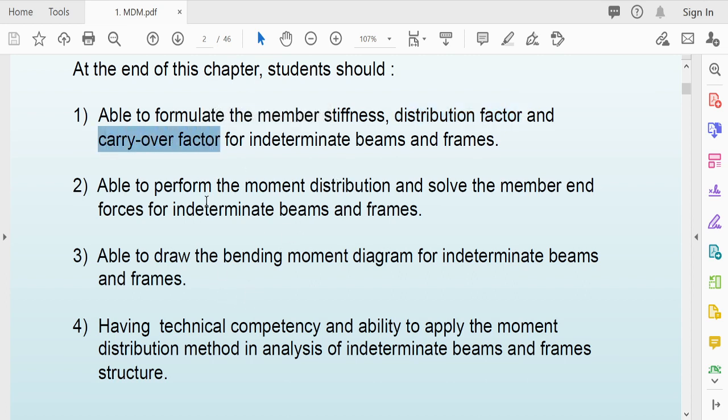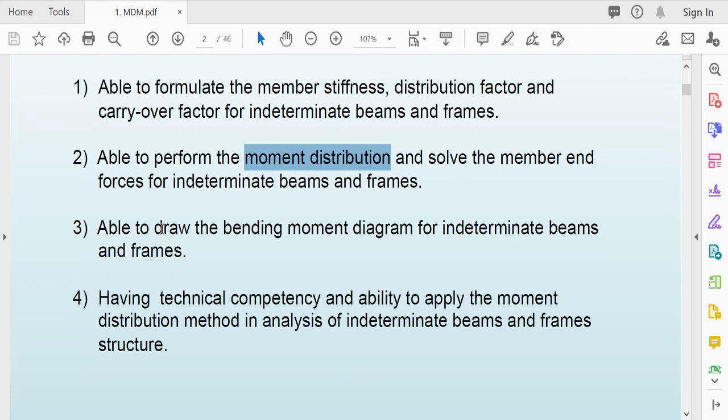I have also explained the moment distribution and how we solve the member end forces for beam, and how to draw the bending moment diagram using the end moment that we get from the distribution table.